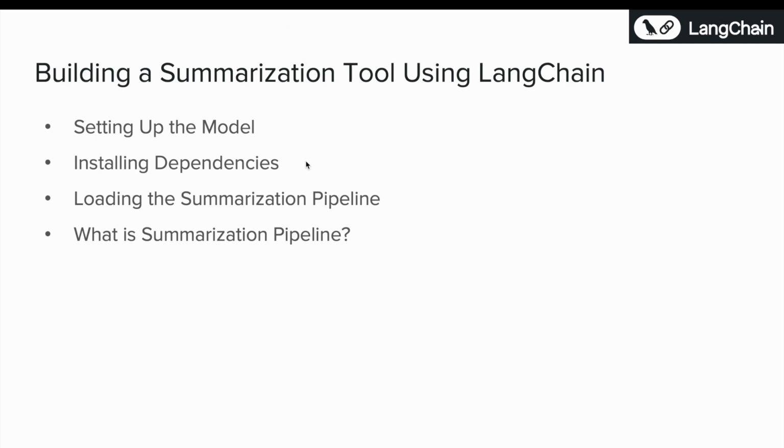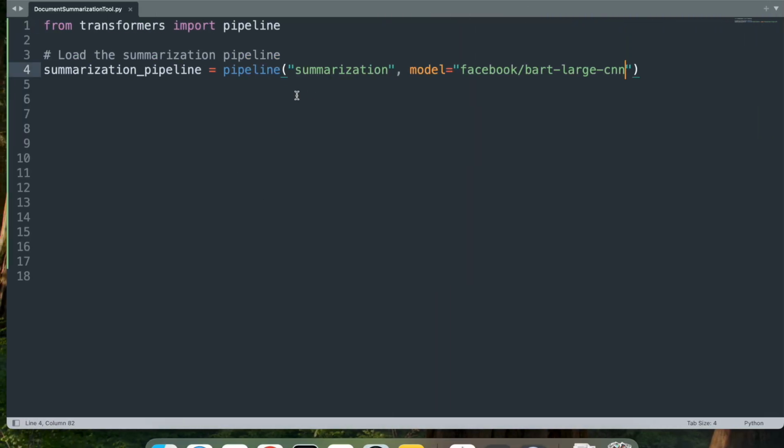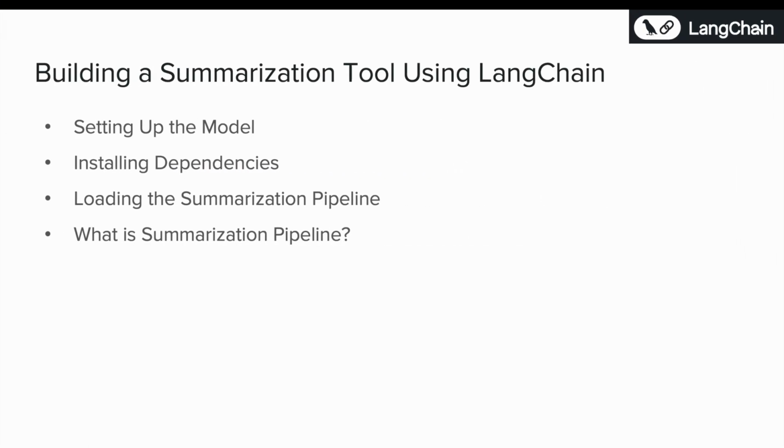The pipeline function from Hugging Face makes it simple to set up models for common NLP tasks. In this case, we are specifying summarization, which loads a model that generates concise summaries from longer text. With our summarization model set up, let's move on to creating a function that takes a passage as the input and returns a summarized version.